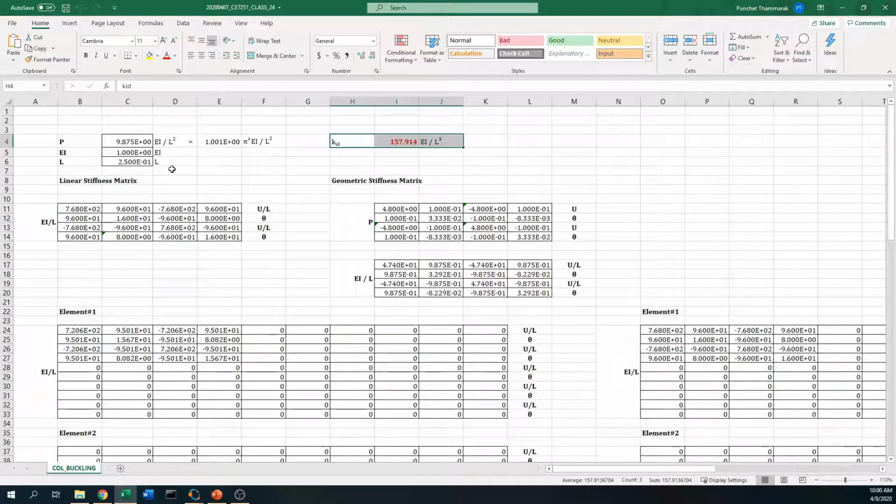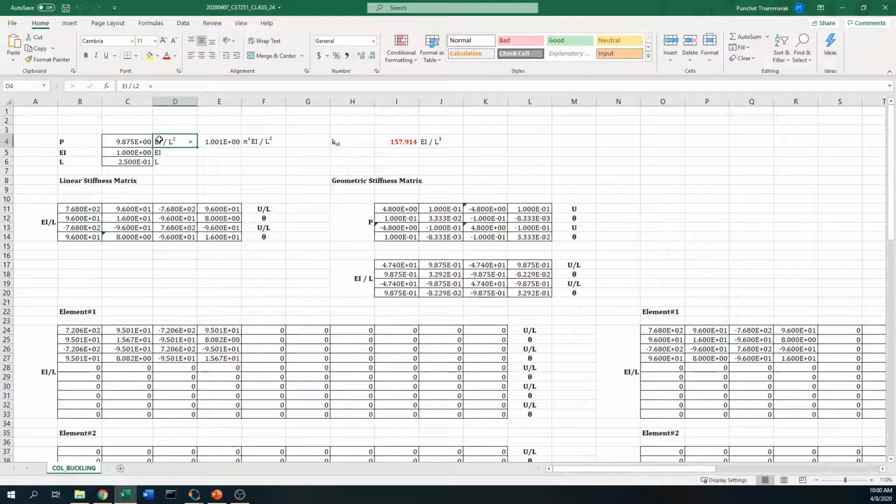What I am doing is, first of all, I have the P, which is the axial force in the column, and this axial force is given in terms of times. Well, the PE is given by pi square EI over L square, right?